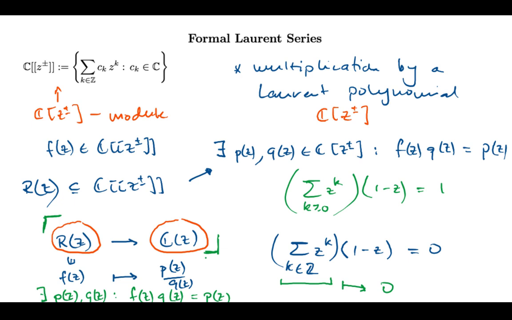So my function over here is not injective. In the language of algebra, what we have is a non-trivial kernel. And now we can ask, okay, what is this kernel? And I claim that the kernel in some way is generated by this formal Laurent series that we just saw maps to 0.